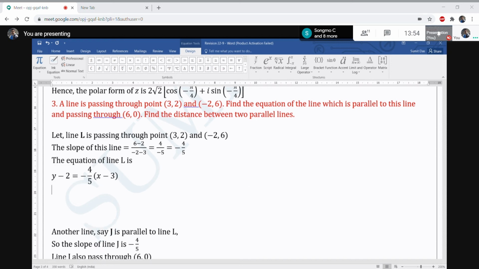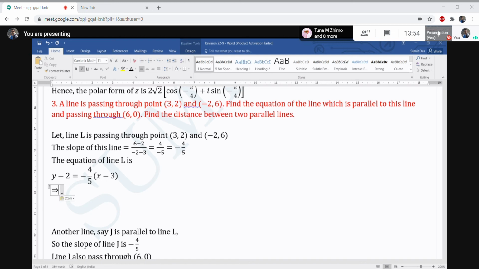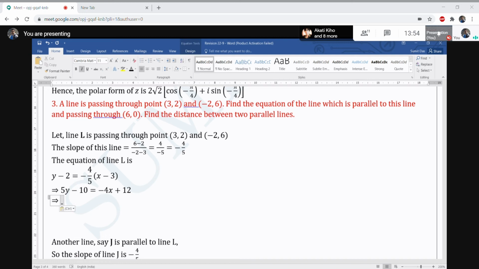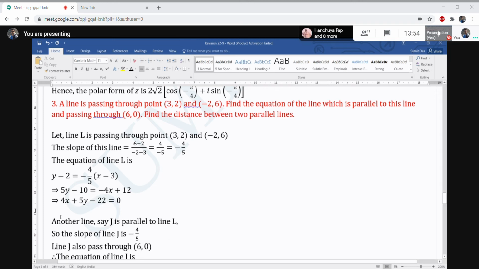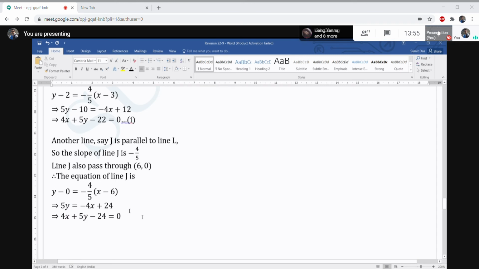If you simplify this, it will be 5y minus 10 equal to minus 4x plus 12. Taking everything to the right side, it will be 4x plus 5y minus 22 equal to 0. I'm marking this number 1 and this one number 2. So the equation of L is 4x plus 5y minus 22, and here it is 4x plus 5y minus 24.